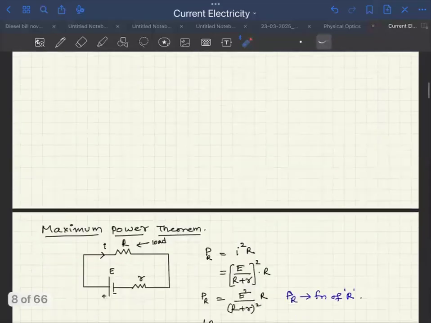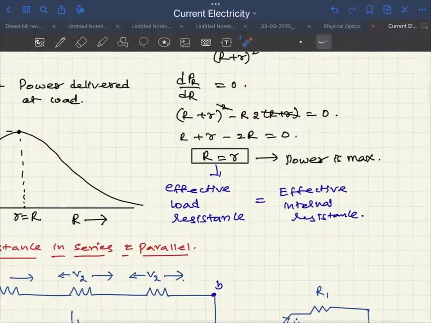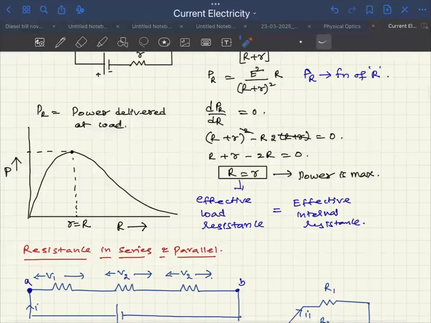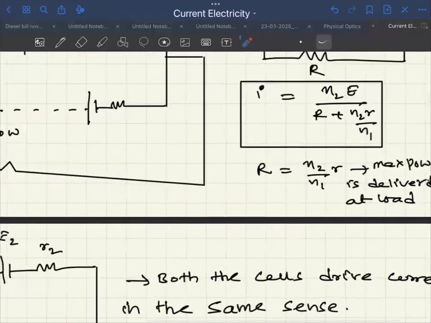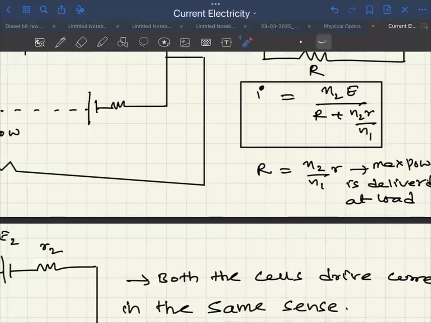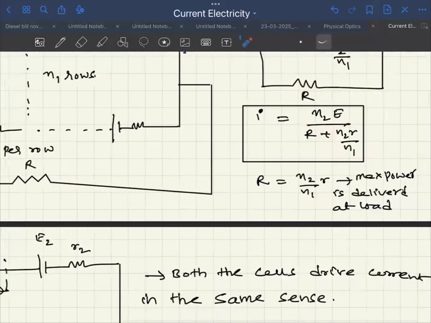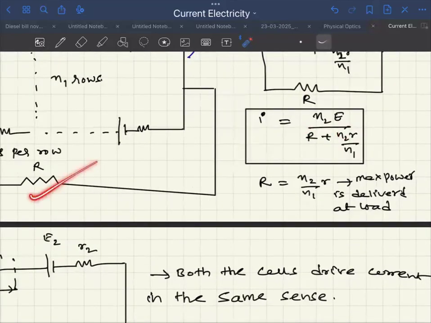The maximum power theorem suggests the effective load resistance is equal to the effective internal resistance. So in this, the effective load resistance is this term, and the effective internal resistance is this term. If you equate both, you will get maximum current through the load, or maximum power delivered across the load.